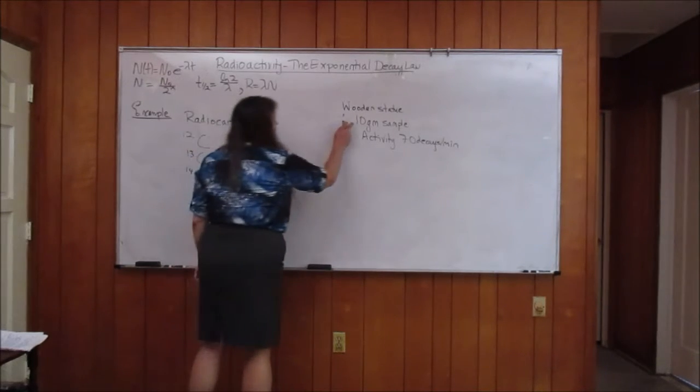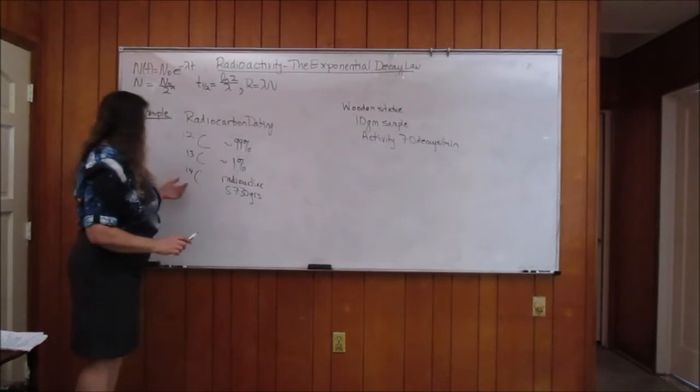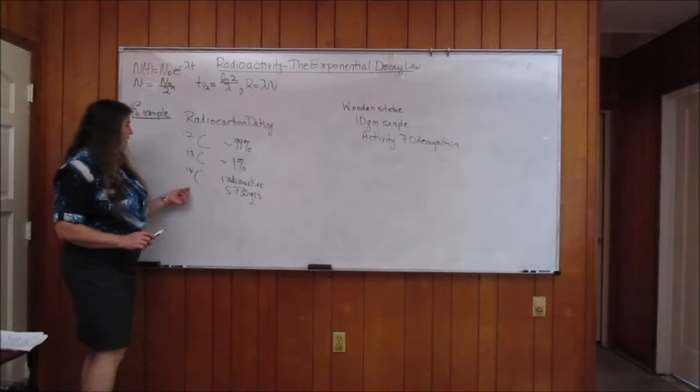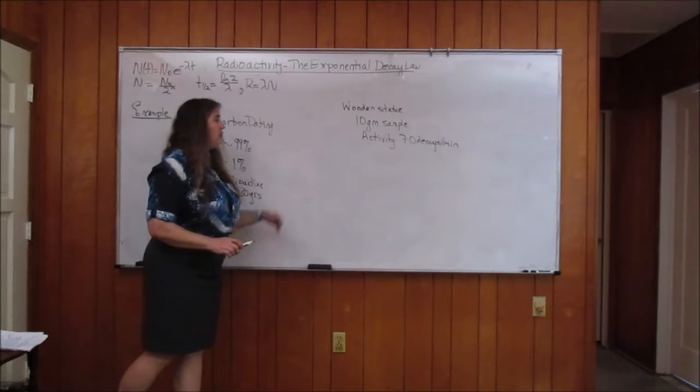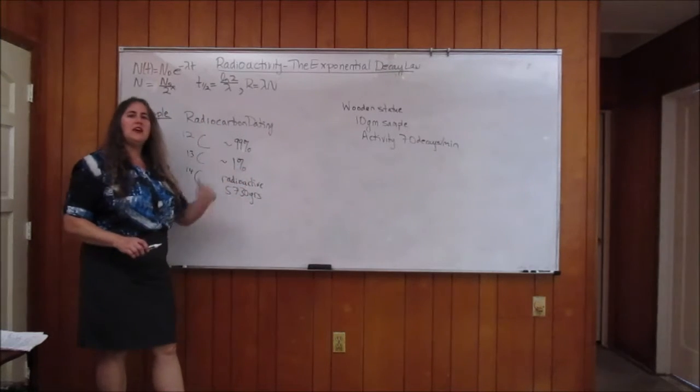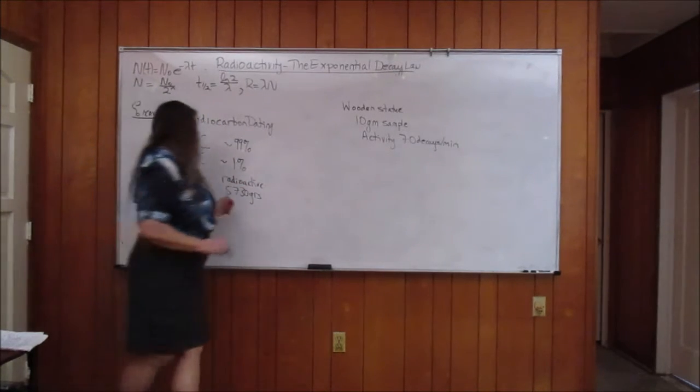Well, the first order of business is to figure out how many carbon-14 atoms were initially present in that statue, or actually initially present in the tree from which the statue was made.